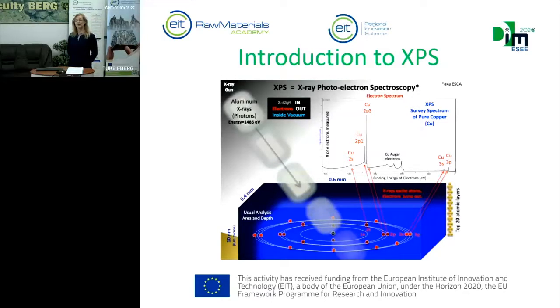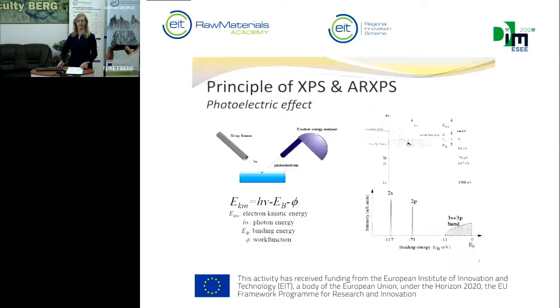In this picture, you can see the survey spectrum of pure copper, and later I will show you our measurements and our experiments. The relationship between kinetic and binding energy you can see in this picture.